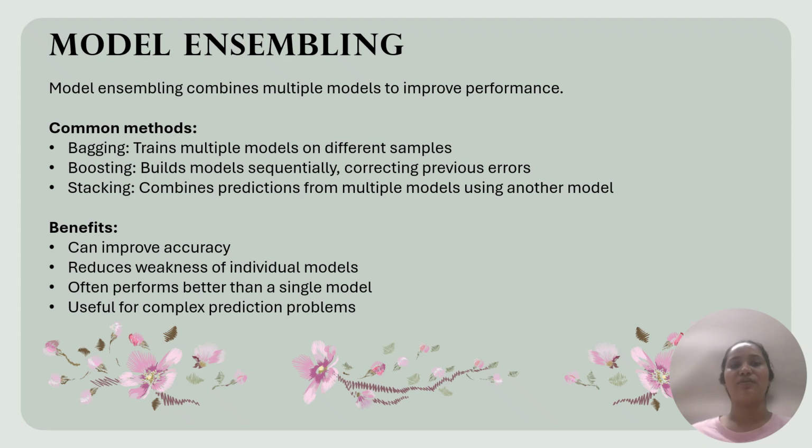Each new model focuses on correcting the mistakes made by the previous model. The third is stacking. In stacking, multiple models make predictions and then another model called a meta model learns how to combine those predictions to generate a final result. This approach leverages the strengths of different algorithms simultaneously.